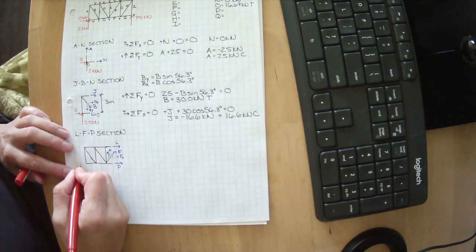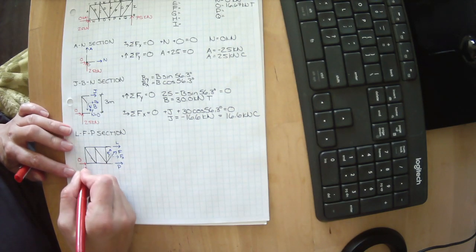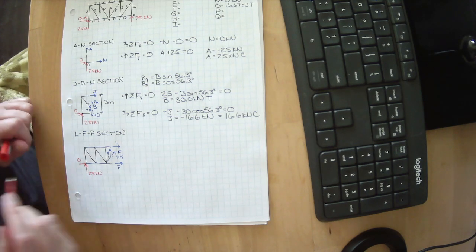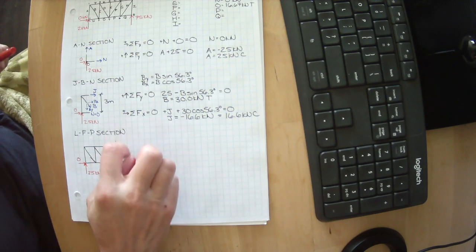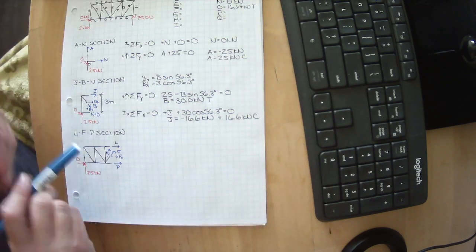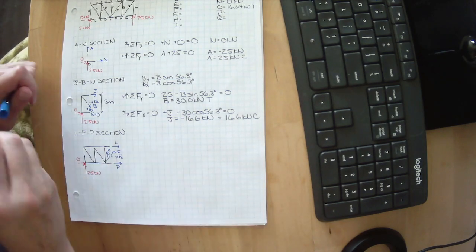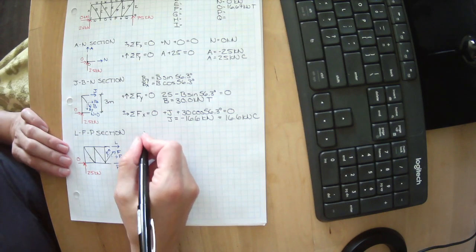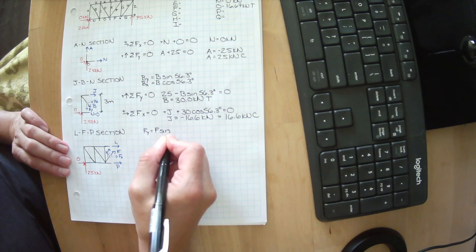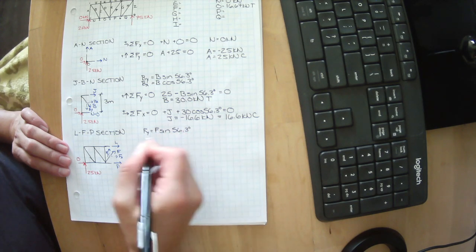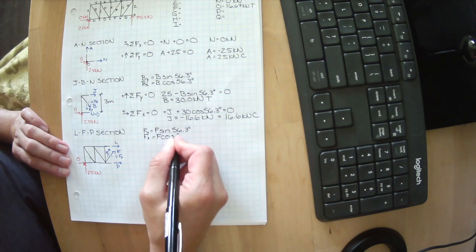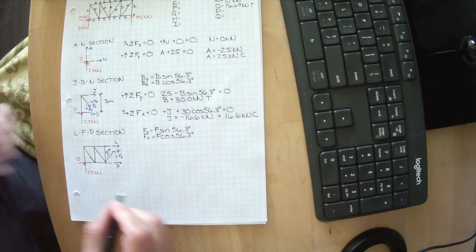And we have our reaction 0 and our reaction of 25 kilonewtons. That is only true because we know we have 100 kilonewtons applied over here somewhere. We know that Fy equals F times the sine of 56.3 degrees, and Fx equals F times the cosine of 56.3 degrees.